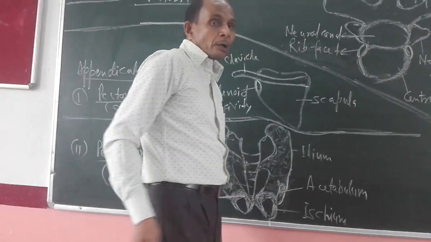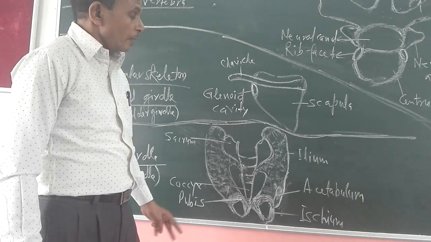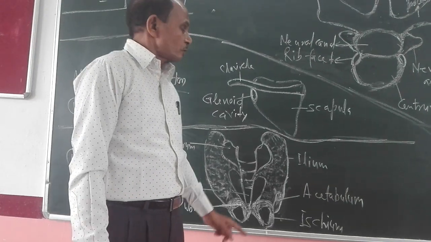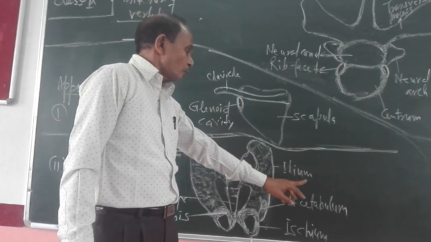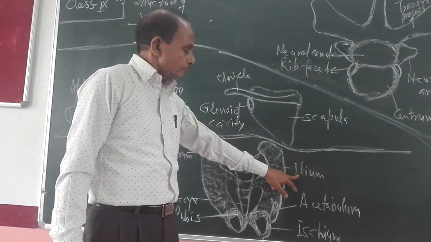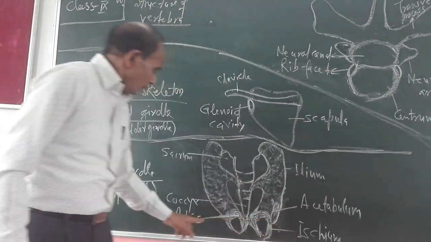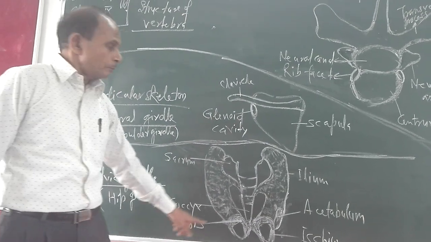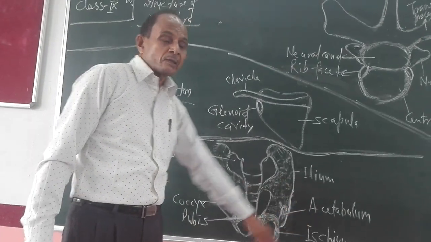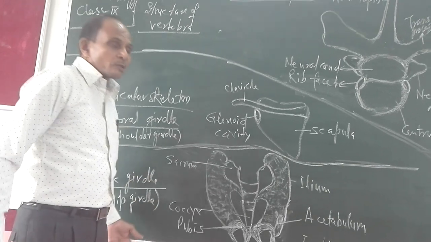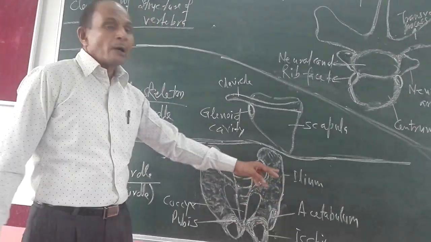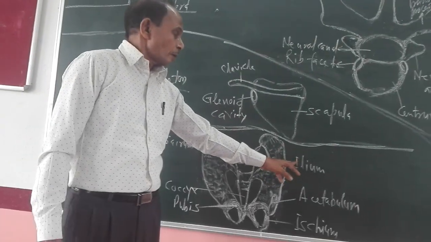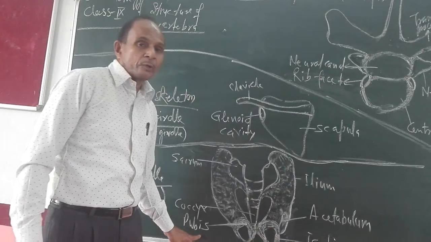Each hip bone consists of three smaller bones, known as ilium, ischium, and pubis. Again, listen: this pelvic girdle consists of two hip bones, and each hip bone is made up of three smaller bones: ilium, ischium, and pubis.